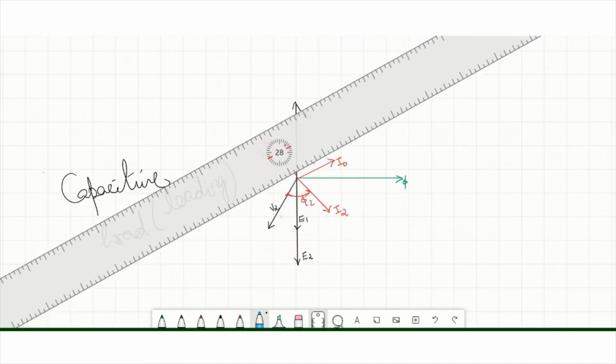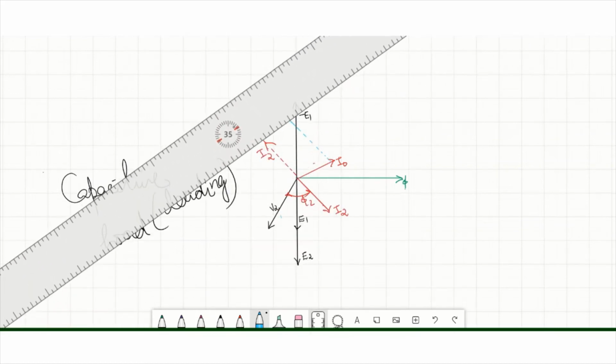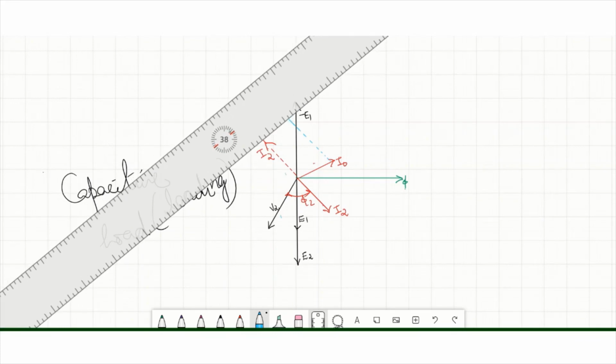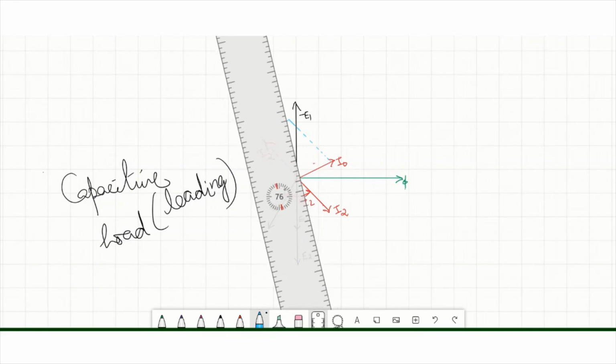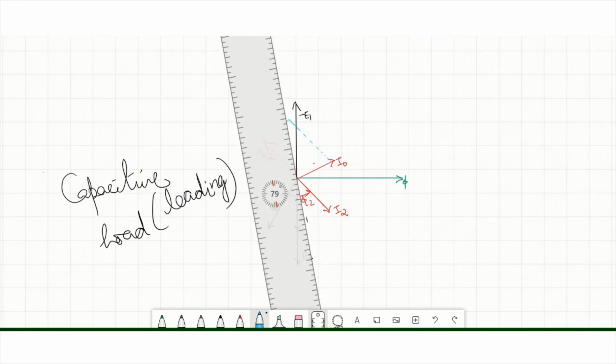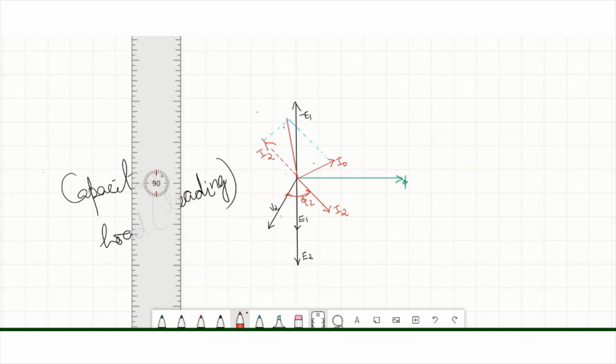Draw it parallel to I2 dash, and parallel to I0. We got the parallelogram now. Now draw the diagonal of the parallelogram, which will be our current I1. So we got I1 like this.